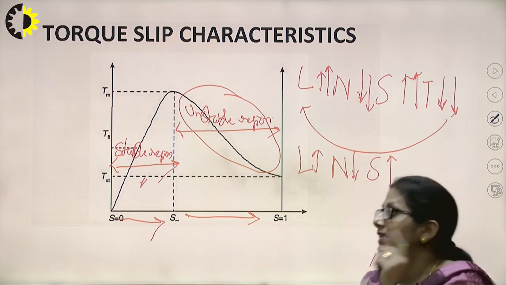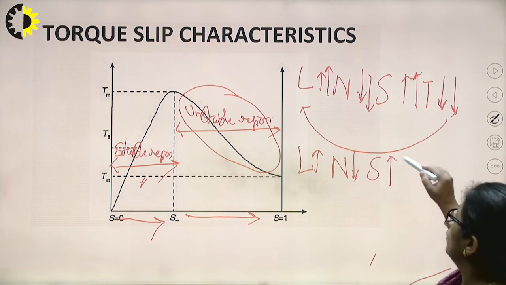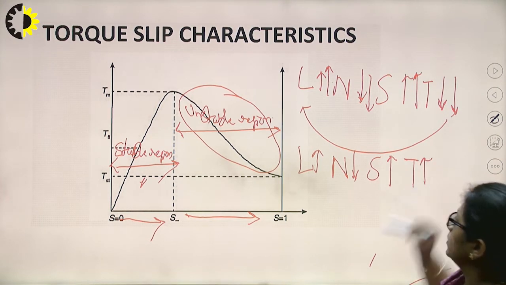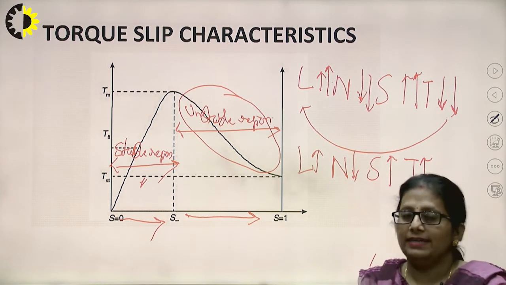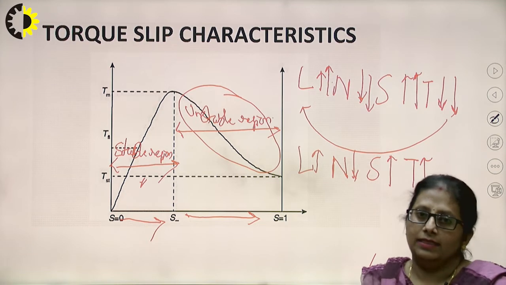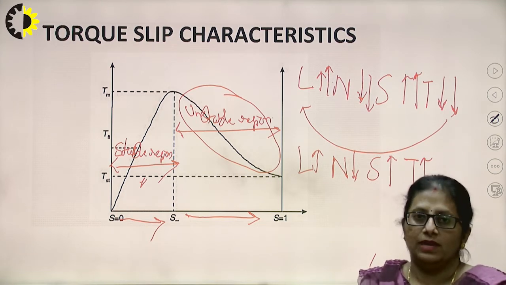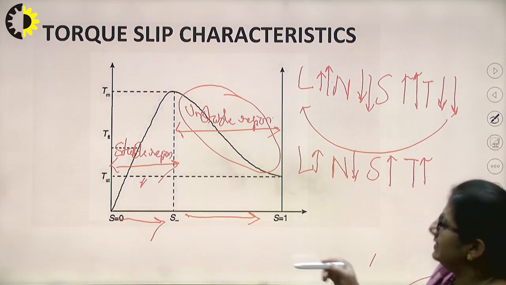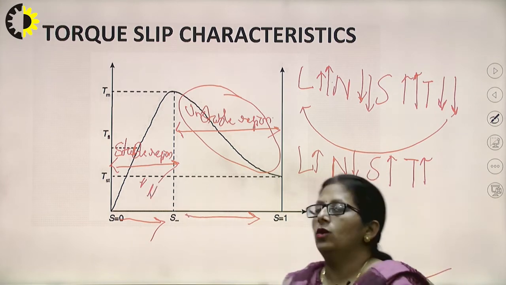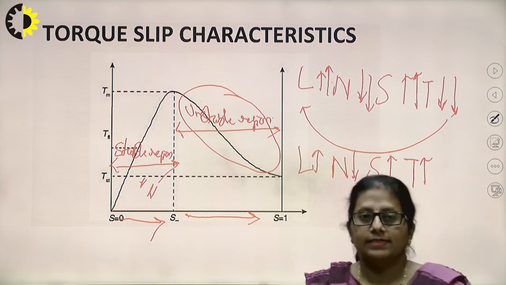So, in this case, the torque is not going to decrease, but the motor is going to produce the extra torque which is required by the new load demand, right? Once that demand is met, the speed which was decreasing will stop over there, and the motor will continuously run at that particular speed, right? So, that's why this region is called stable, and the high slip region is called the unstable region.